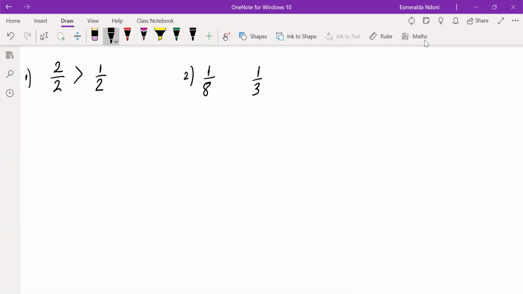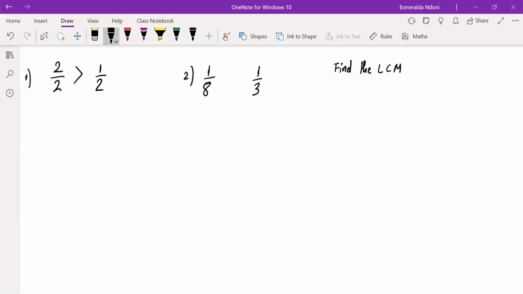Well, we don't have the diagrams anymore, so we need to do something to help ourselves. And that something is find the LCM.